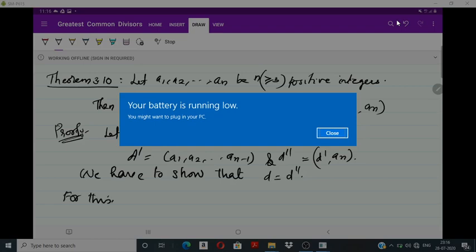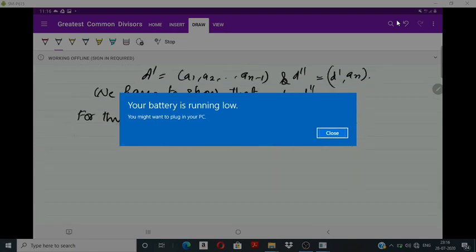For this, by the property of divisibility, we need to show that D divides D double dash and D dash divides D. Then we can prove the conditions.